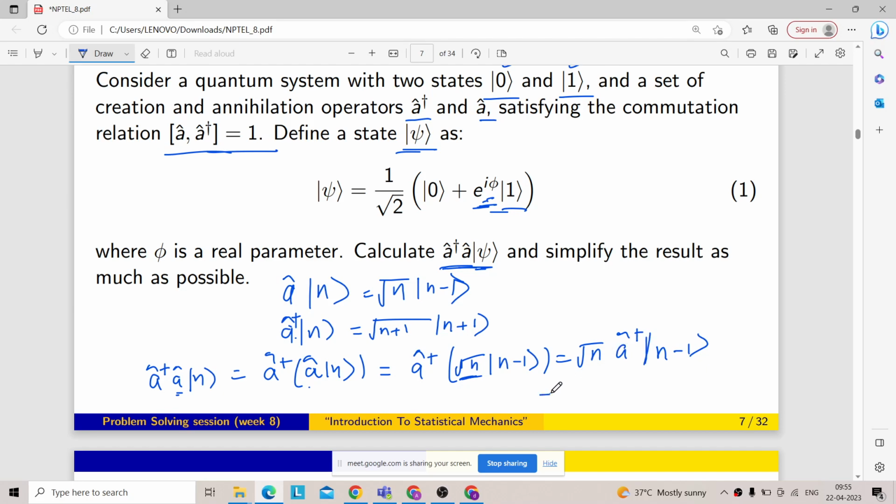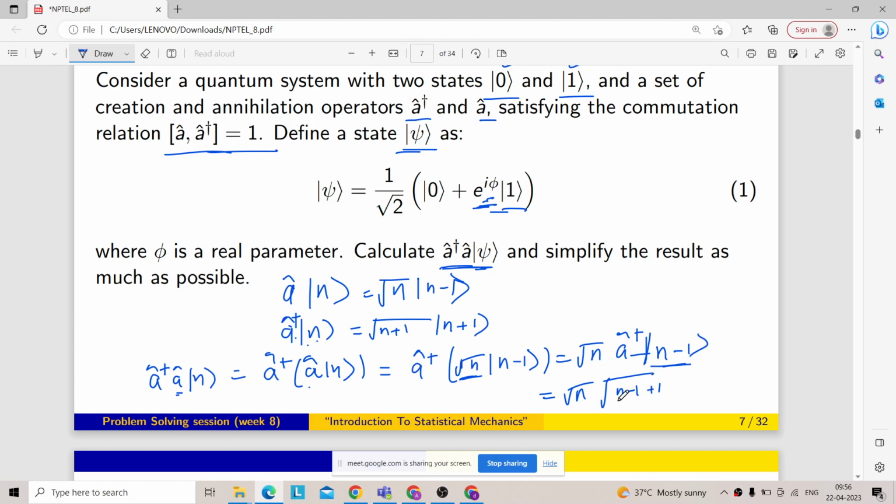Now you know when a dagger acts on a state, the eigenvalue becomes root over n plus 1. So a dagger acting on n minus 1 will give root over n minus 1 plus 1, right?